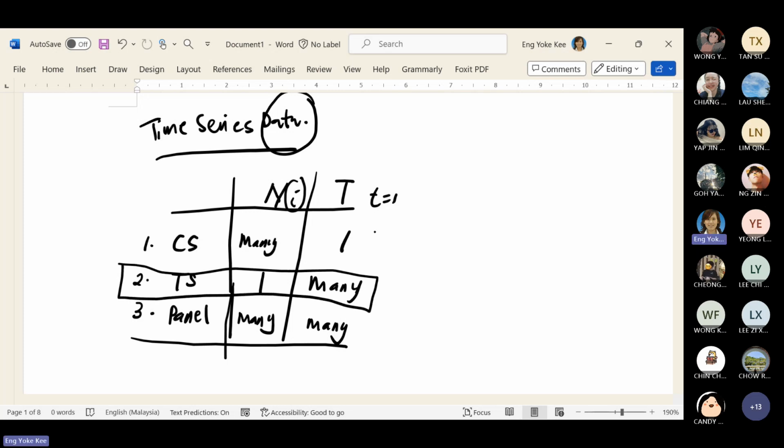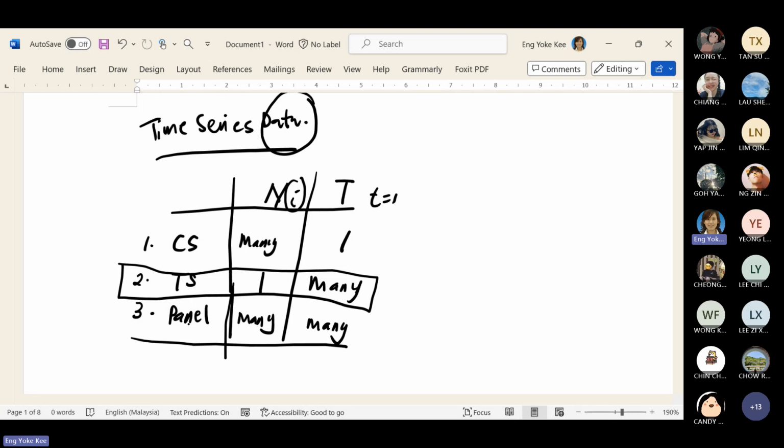So you will see that what data you use in analysis always depends on your objective. We cannot say, oh, panel is the best. We cannot say, oh, time series is less powerful compared to panel.